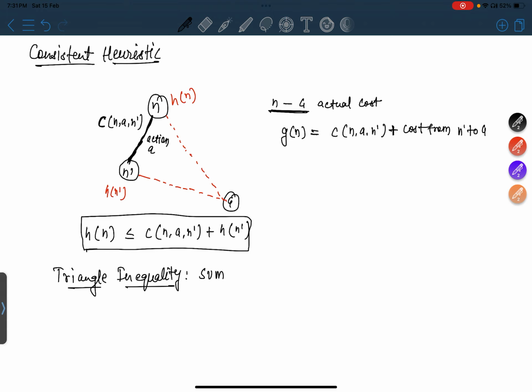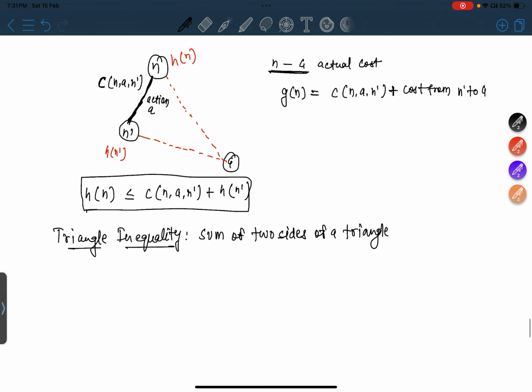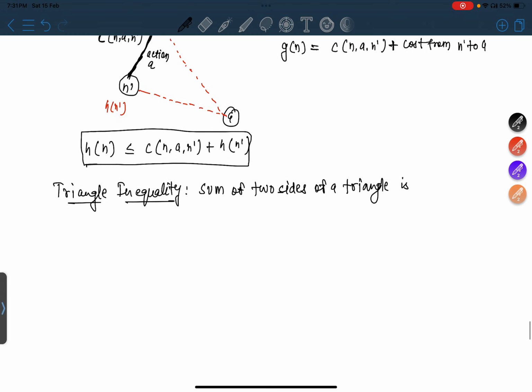Sum of two sides of a triangle is always greater than the third side, right?